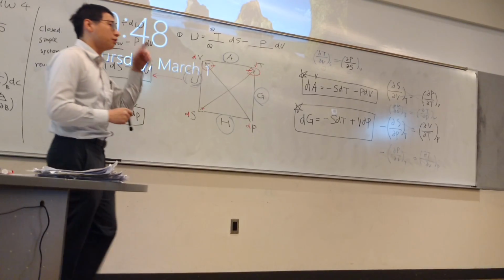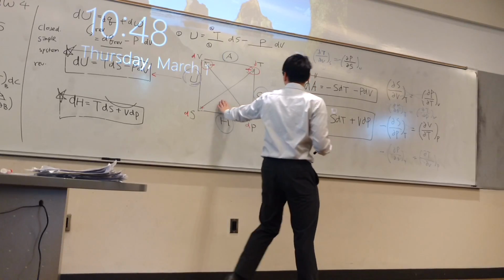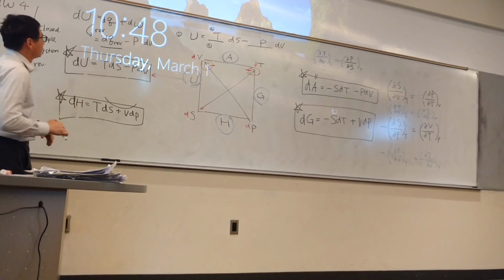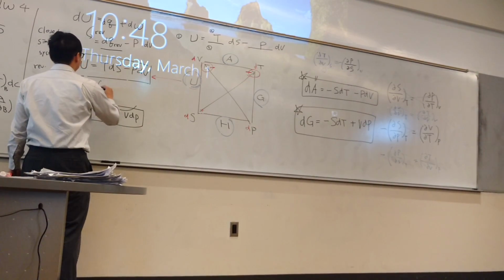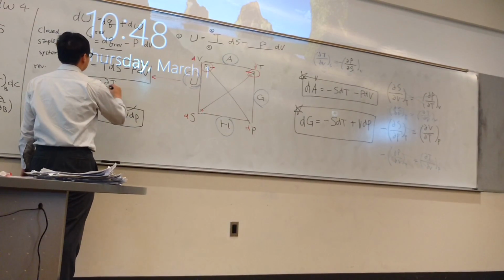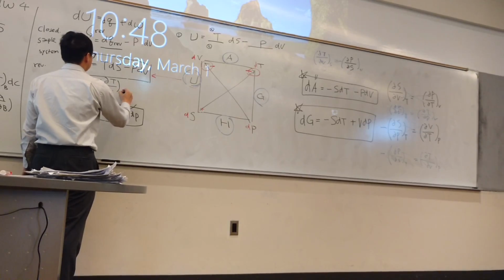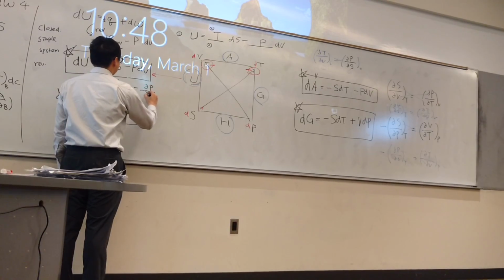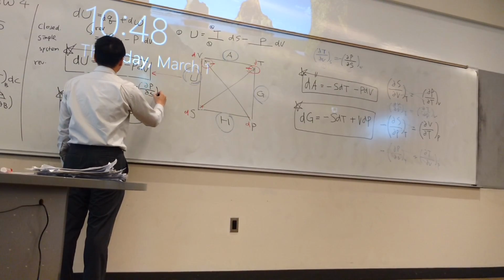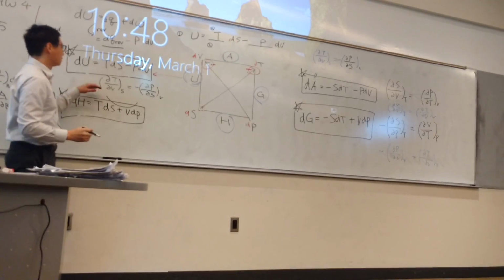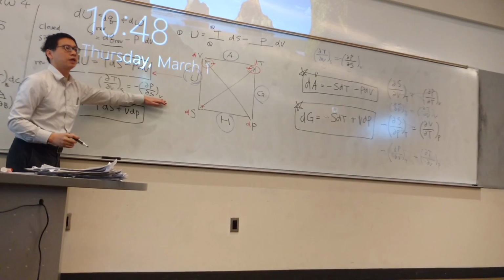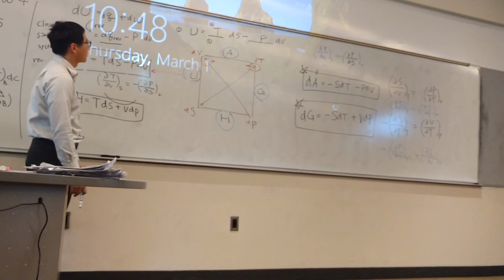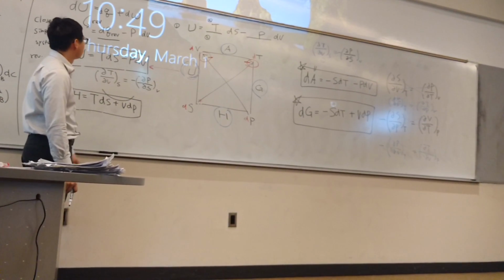This table also tells you all those. Use this table and you can get all that information. Previously we said partial T, partial V, at constant S equals negative partial P, partial S, at constant V. Let's use this as an example.